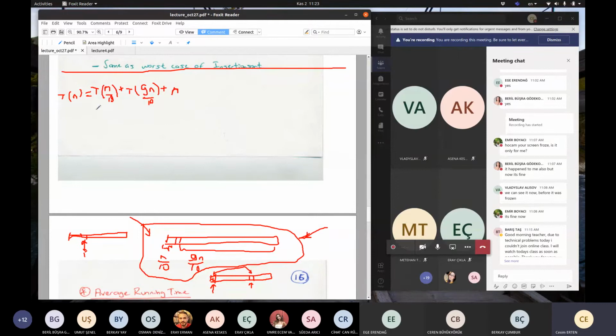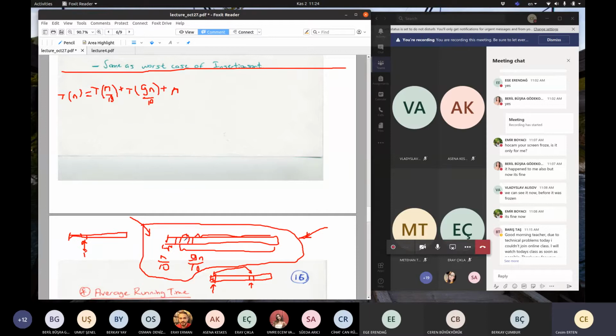Now, such a recurrence assumes that this bad partitioning happens in all the recursive calls as well. So when quicksort works on this big chunk, the partition algorithm again divides the input instance unevenly in an unbalanced way, so that only 10% is here, 90% is to the right.